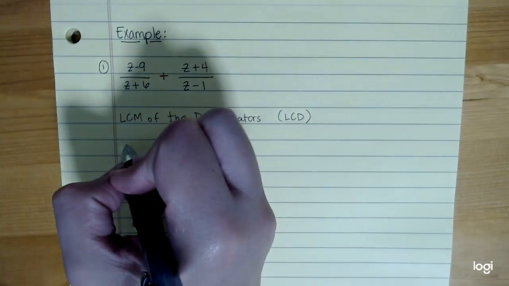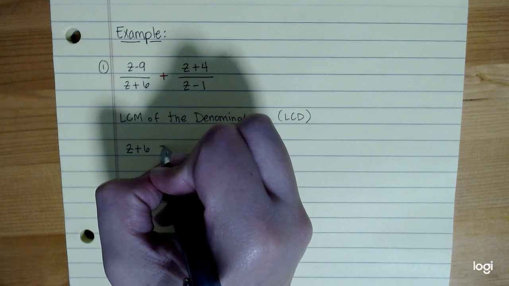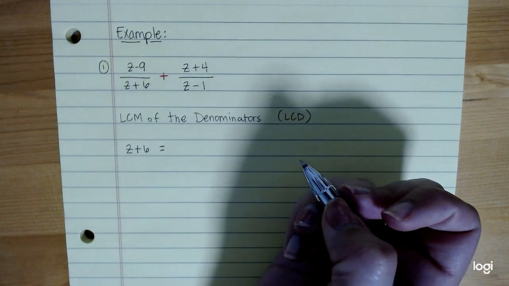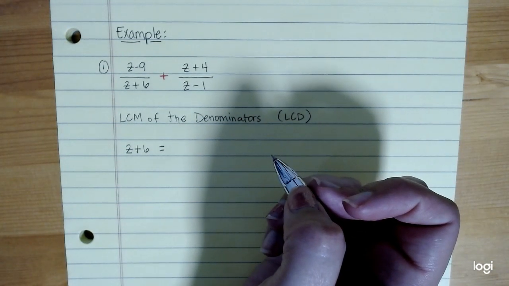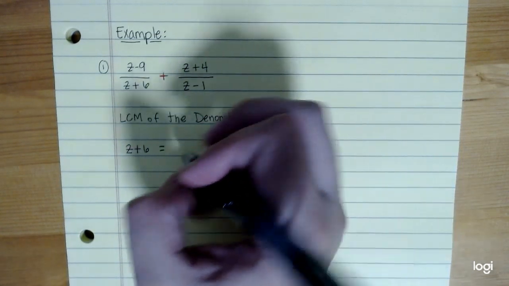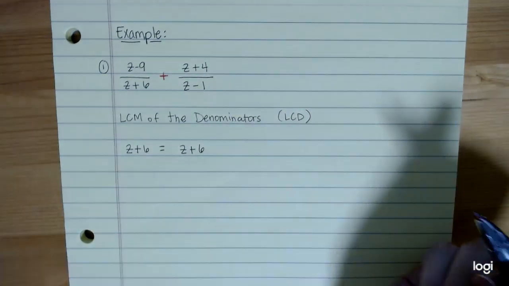So I look at z plus 6, and you think about z plus 6 in factored form. And at this point, hopefully after our 5.1 and all of our module 4, we're comfortable with saying, well, z plus 6 in factored form is just simply z plus 6.